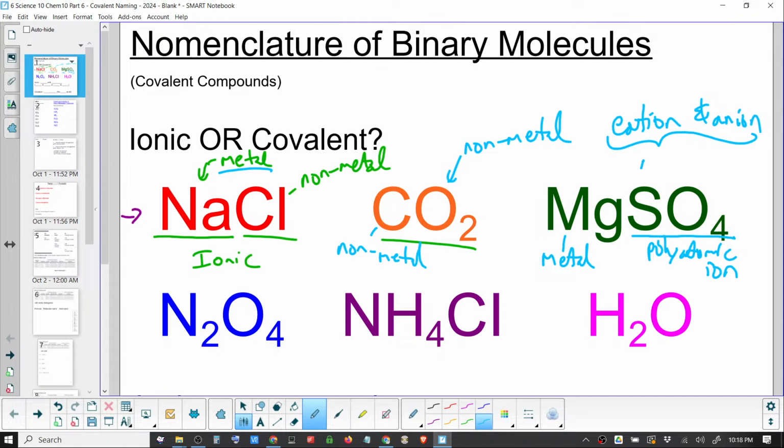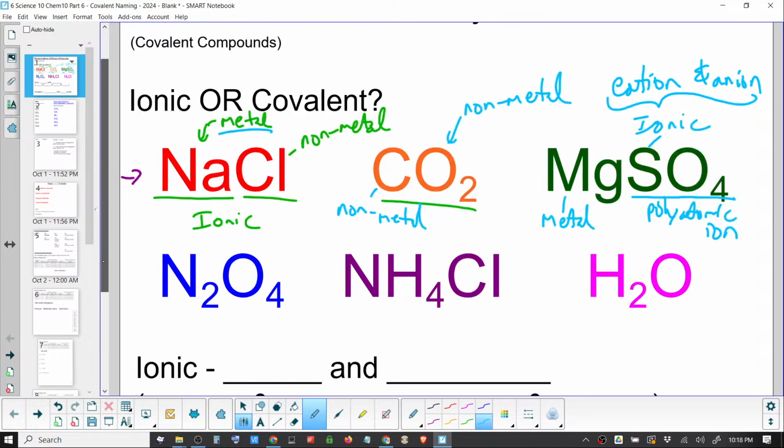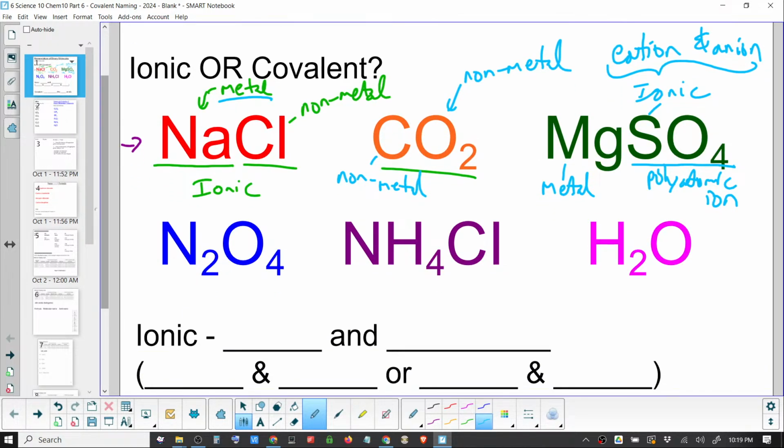That is what truly makes something ionic. So magnesium sulfate, ionic. N2O4, non-metal and a non-metal. So covalent.